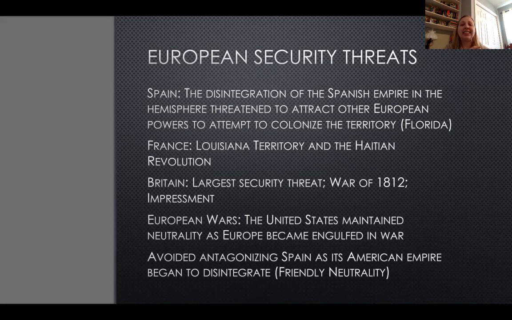And finally, as Latin America is beginning to gain its independence, the United States, despite being a very huge inspiration to many of these Latin American independence leaders, kind of remains on the sidelines, doesn't give outright support to any of these leaders. This is the policy of sort of friendly neutrality. It's an attempt to keep relations with Spain from going off the rails.